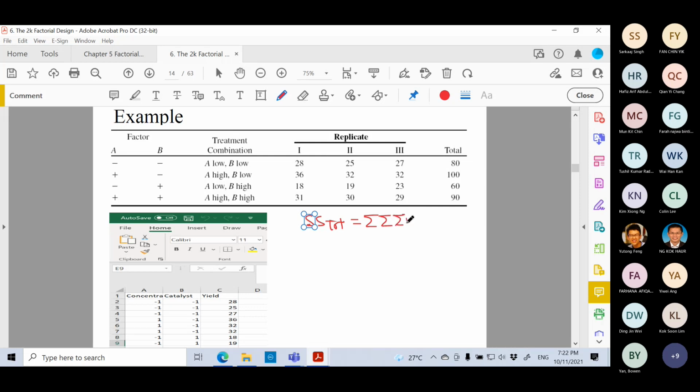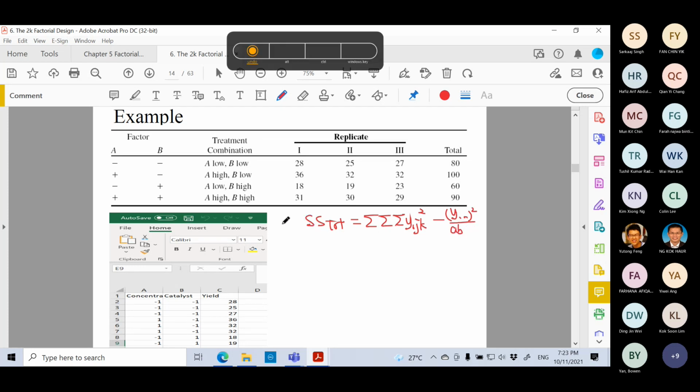You sum it out for the yijk square minus the y triple dot square divided by abn. No matter what type of design you're using, the sum of square formula will always be the same thing. You square all the observations minus the grand total square divided by total observations. Then you get your sum of square for total.